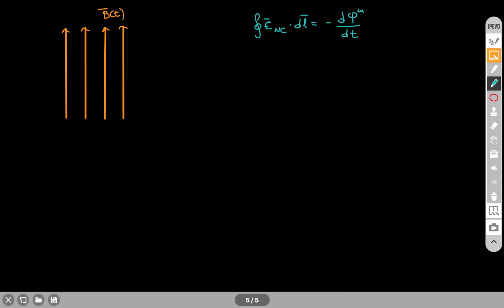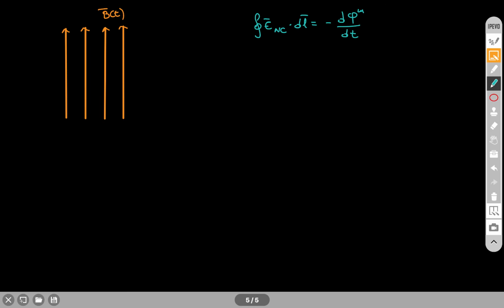We have seen that if you have a loop here with a bulb connected in series with that wire, then the non-Coulomb electric field will drive a current in the bulb and you will see the light. Now, you don't have to do that. The non-Coulomb electric field will be present there even if there is no bulb and even if there is no loop at that point to detect it.